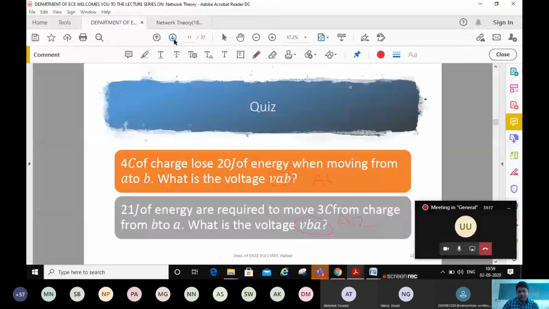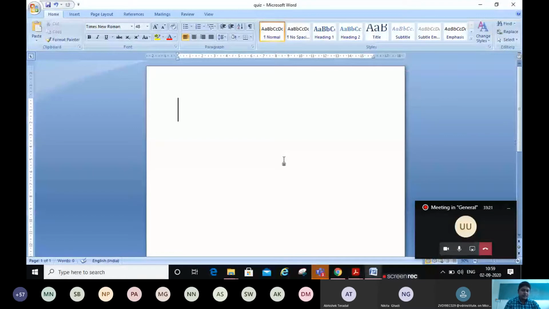Next, for your answers, I will type. The first one we need to find is the voltage across AB, right? So we have these things. Is it visible to everyone, this Word file? Yes, sir. Okay, fine. So VAB: we have 20 joules and 4 coulomb charge.